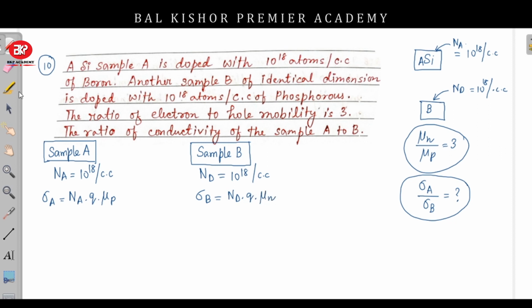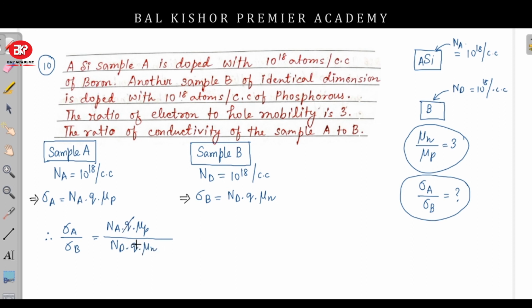In this way we can calculate the conductivity of sample A and of sample B. Now if I make a ratio, sigma A to sigma B will be Na into q into mu p over Nd into q into mu n.